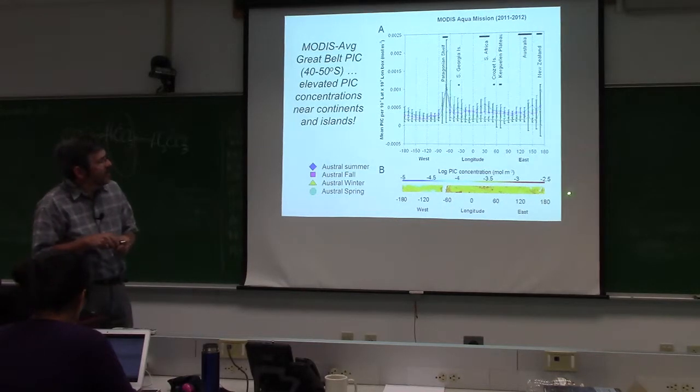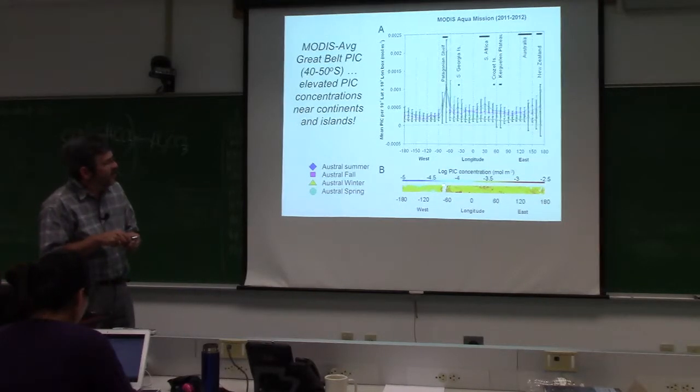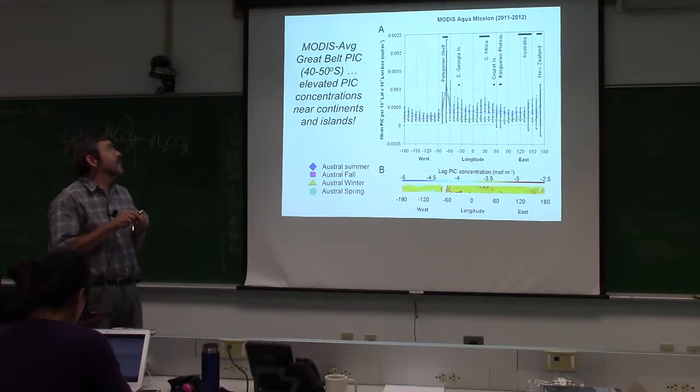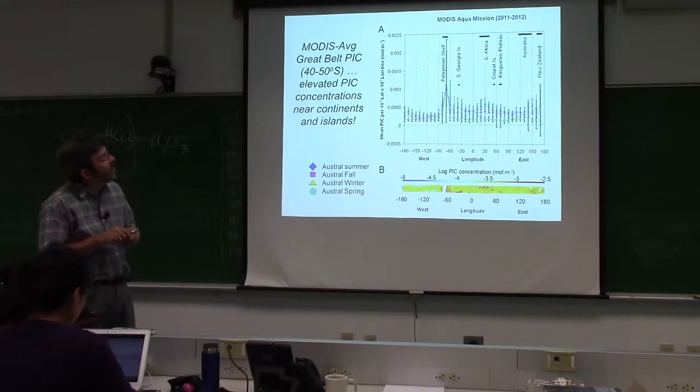Here is PIC concentration. So we basically chopped, here's the tip of South America, Africa. Here's the Patagonian shelf. Yeah, this is South America. Africa's over here. Australia's over here. And we are looking at, for different seasons, so this is PIC per 10 degree latitude by 10 degree longitude box. So we divided up this section all the way around the world.